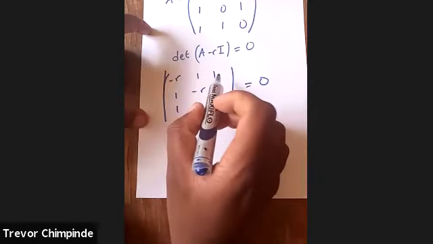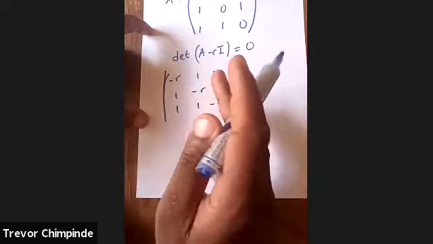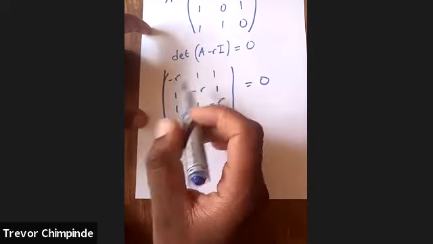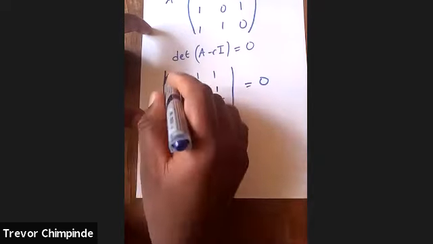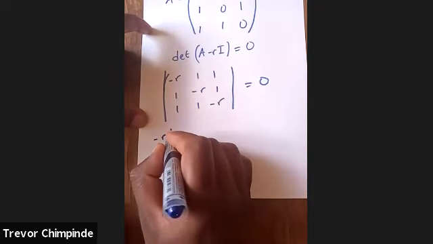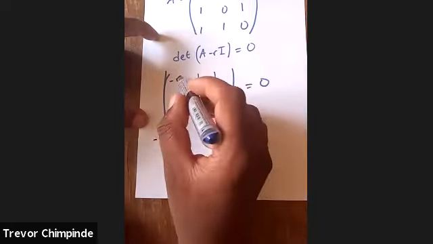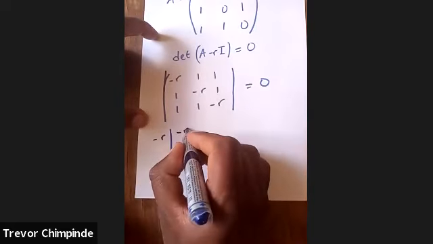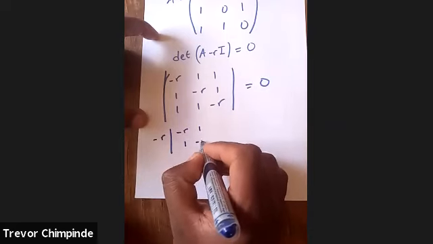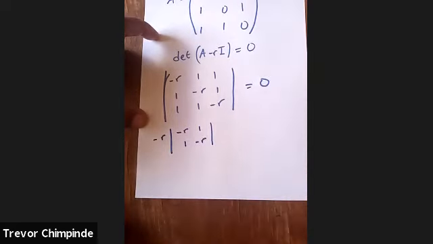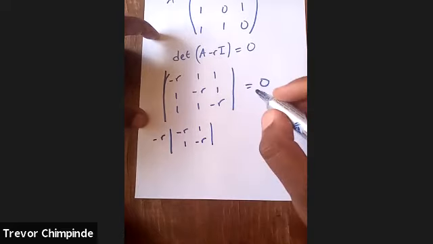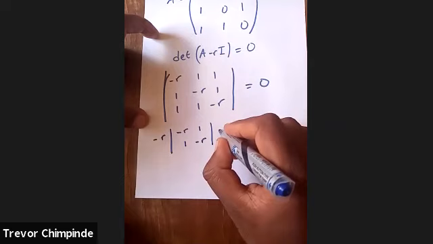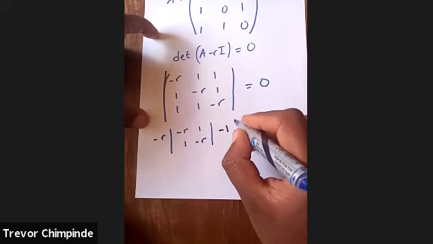There are a lot of ways. You can use any row or any column. We're going to use the first row. The first entry is minus R. Then we find the determinant: if we remove its row and column, we remain with a 2 by 2, minus R, 1, 1, minus R. The next entry becomes negative, so it's minus 1.